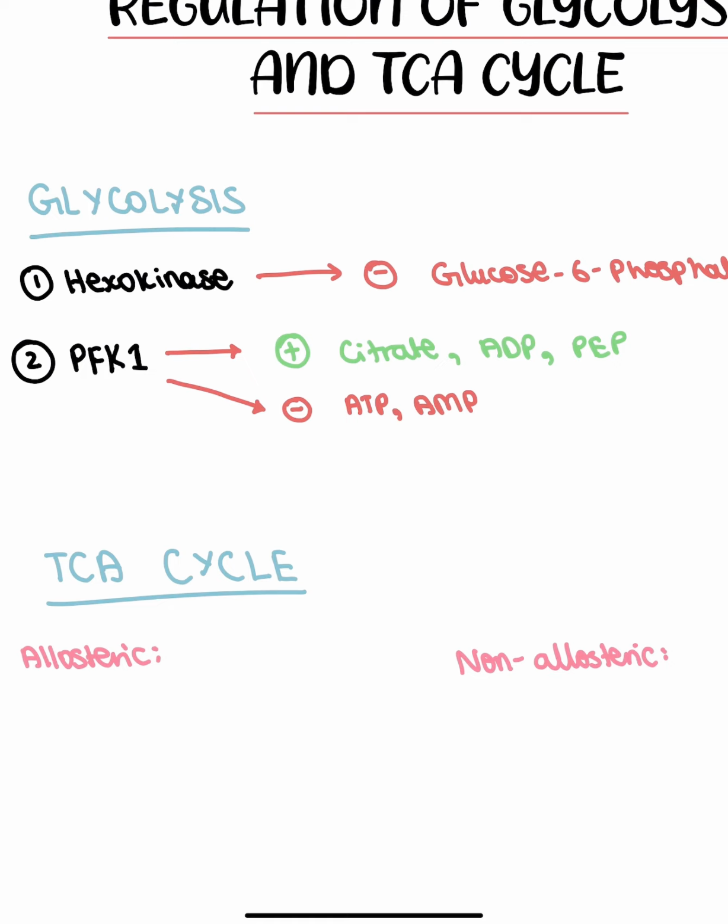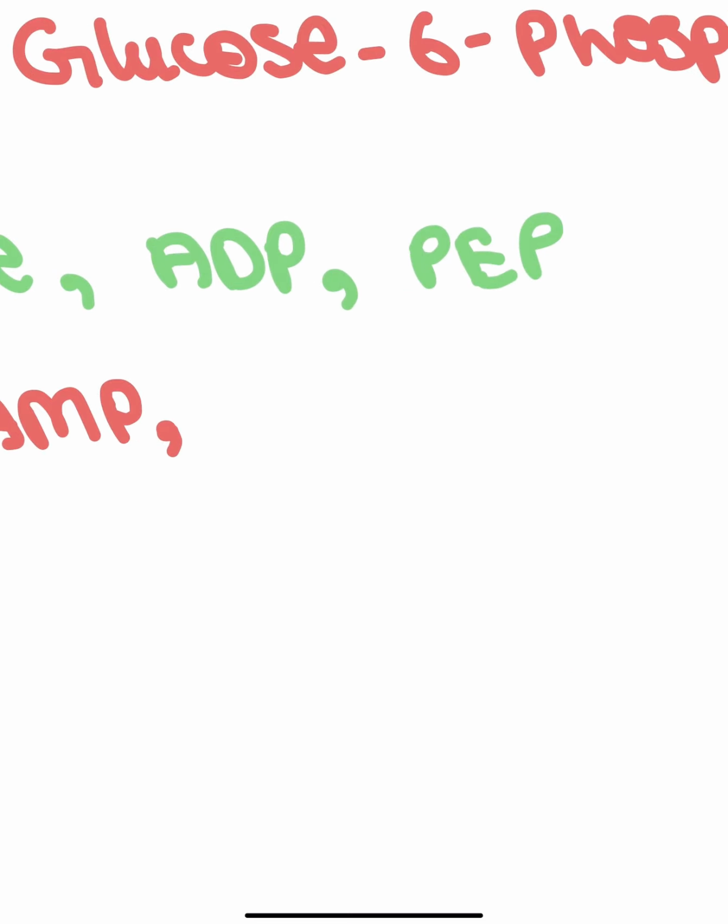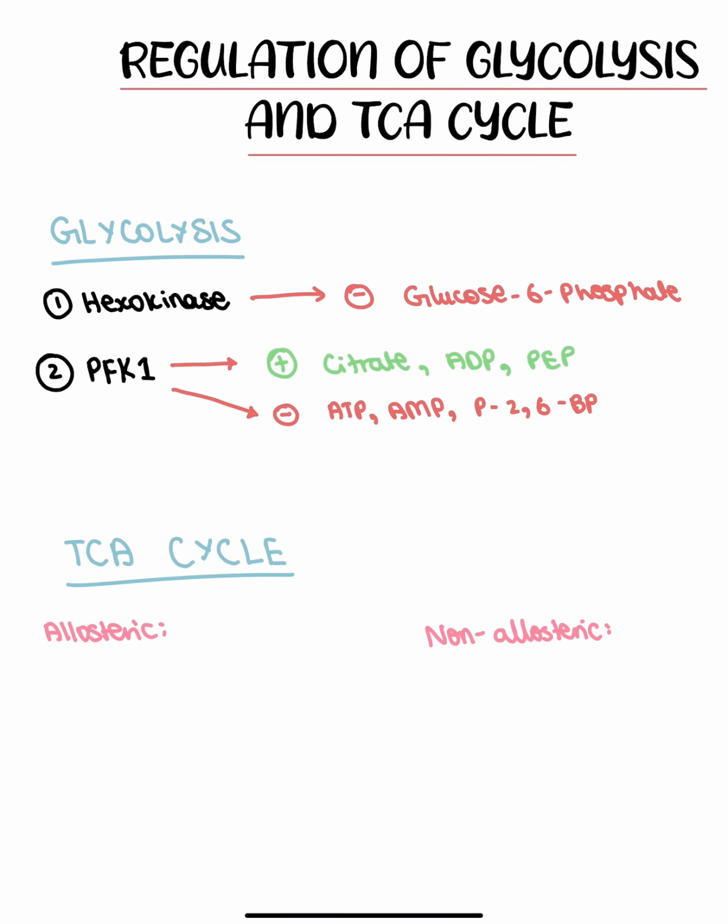So that's an inhibitor as well. Now, the last inhibitor that I want to talk about is fructose 2,6-bisphosphate. So this also inhibits it because it can go into other steps and lead to more energy being produced.